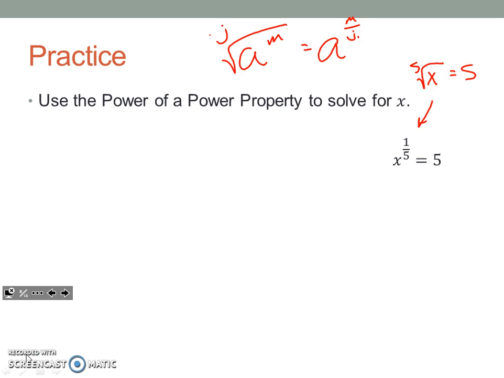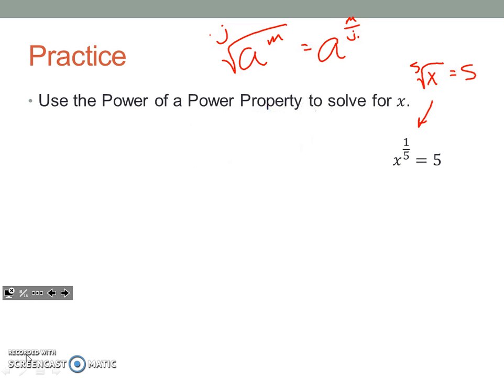Okay, so how could I get rid of the 5th root? Well, if we don't know about the 5th root, say this was a square root. I need to write that 2 there, sorry. Say this was a square root of x equals 5. Well, to get rid of a square root, you're going to take it to the 2nd power, right? Same on both sides.